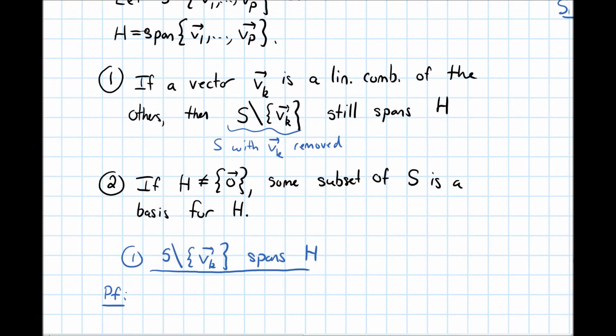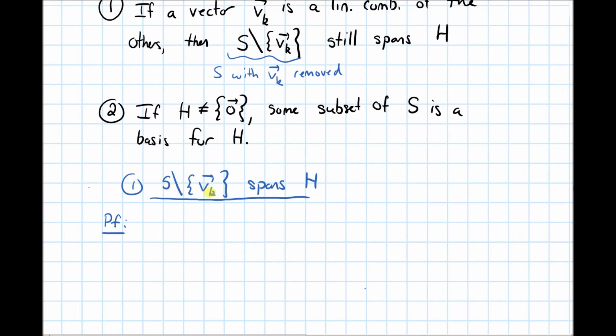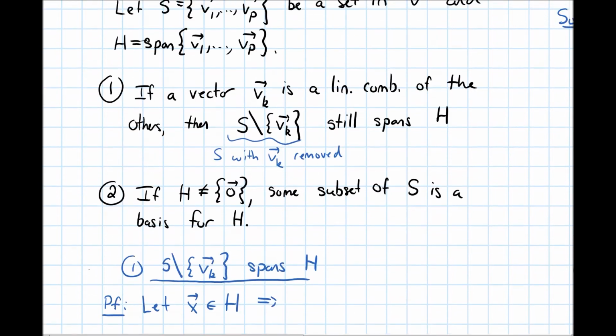Let's prove part 1. In part 1, we want to show that when we remove the vector vk from S, the result still spans H. I'm going to begin by letting X be an element of H. According to the definition of H as the span of v1 up until vp, X can be written as a linear combination of those vectors.